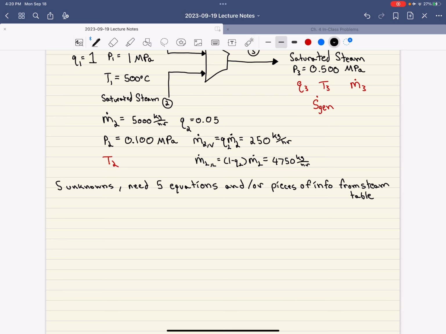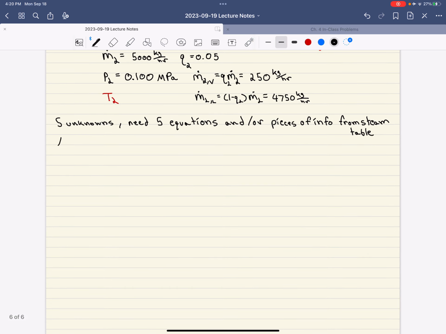In any case, as far as assumptions are concerned, we're dealing with an open system. And because nothing is changing with time, we're going to assume it's operating at steady state. Because we're dealing with steam, that should tell us we need to use the steam tables.